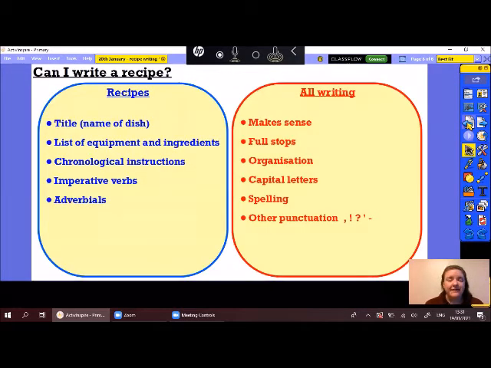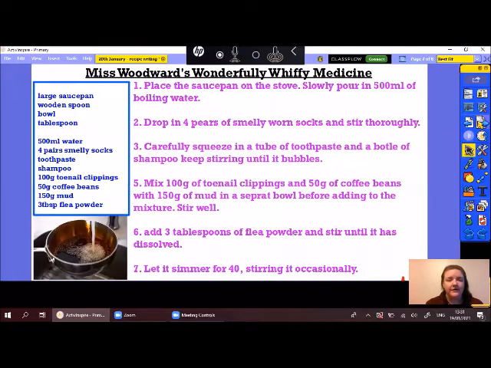The second thing on the recipe list is making sure we have a list of equipment and ingredients. Well, I've got mine down this side here, but looking at it, it doesn't really look very clear to me which bits are equipment and which bits are ingredients. I haven't really separated the two, and there's no title or anything to tell me what that box is about.